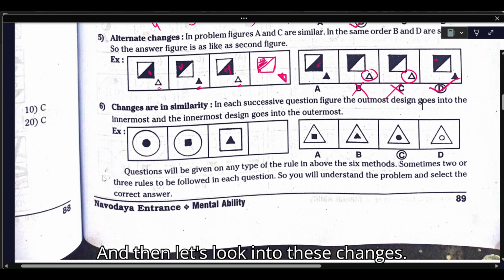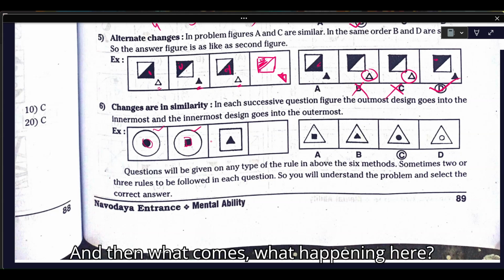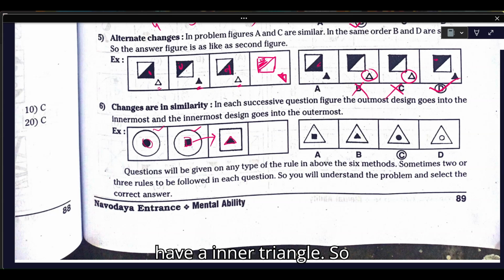And then let's look into these changes. Here we have a circle and outside also we have a circle. And then outside remains the same, but the inside circle becomes a square, right? And then what happens here, let's see. This inner square becomes the outer one, and we have an inner triangle.